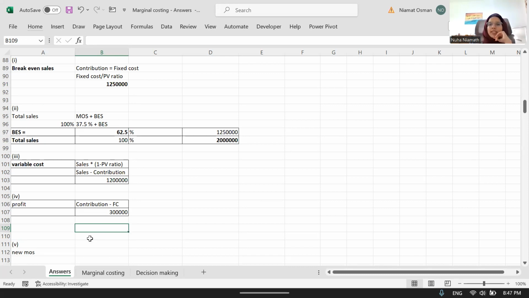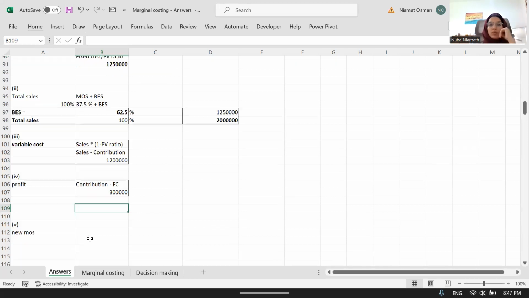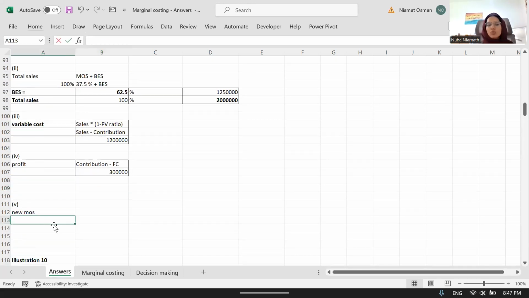So of course, my sales volume will have an impact on my total sales value. So what is my new sales value? It will be sales plus 7.5%. How much do I get from that? 21,50,000.